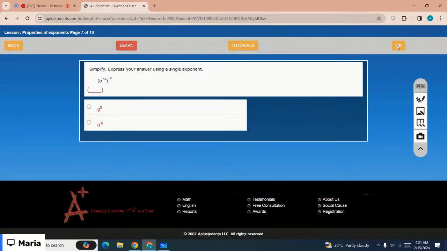The correct option is g exponent negative 6, right? Okay, you can complete the lesson by yourself later today.